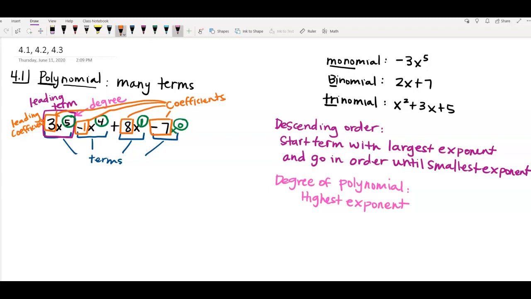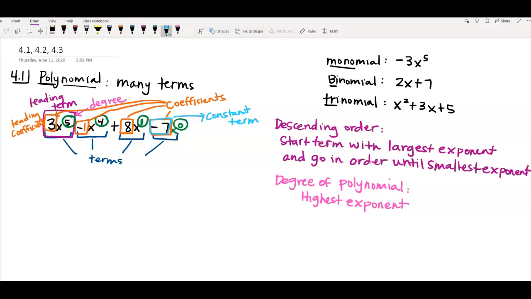One other thing: since this last term has the x to the 0 power on it, it's usually just displayed as a number. It's also called the constant term, and that's because it never changes.